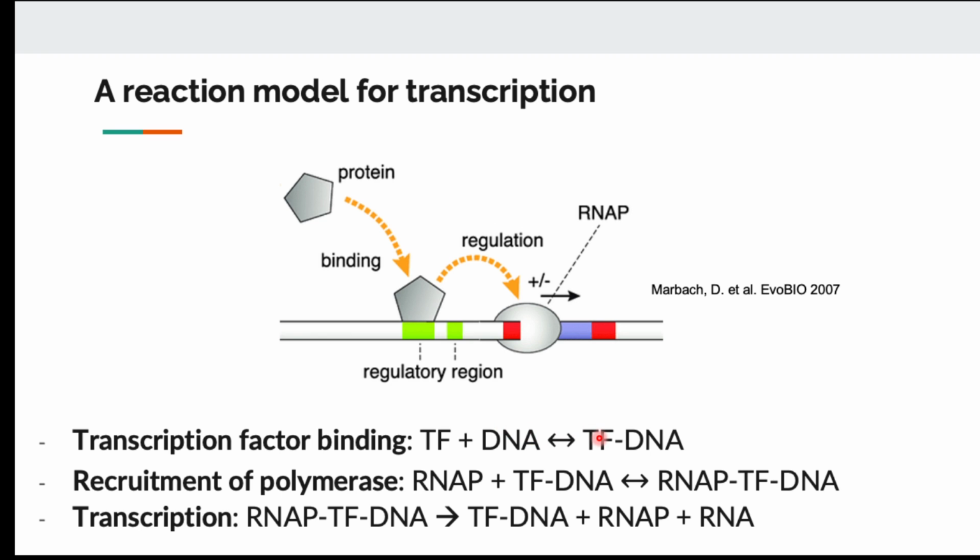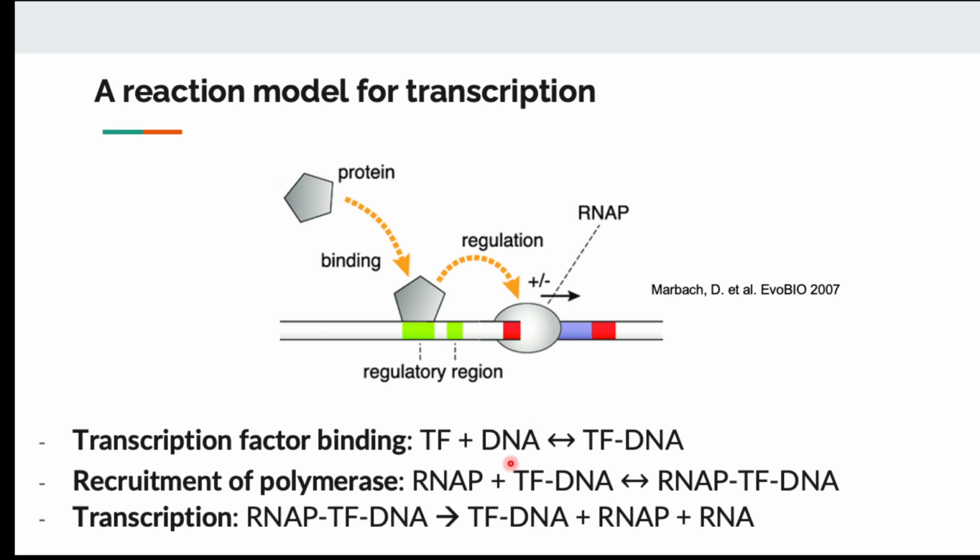And when the transcription factor is bound to the DNA, it can help recruit the RNA polymerase. So this will be another reaction. RNA polymerase, which is free, meets with the transcription factor-bound DNA, and it gets recruited onto the DNA. So it becomes a single complex with the DNA. And transcription can be modeled as this RNA polymerase bound to the DNA creating RNA molecules, but the RNA polymerase is also released from the DNA.